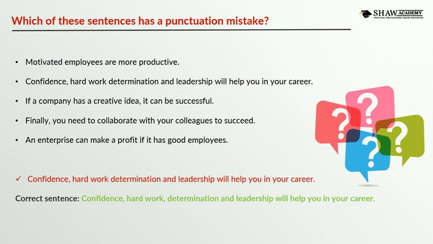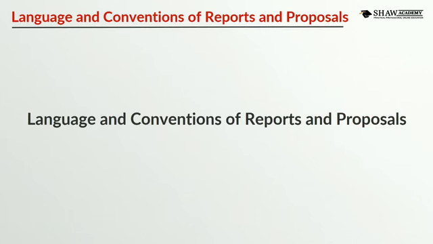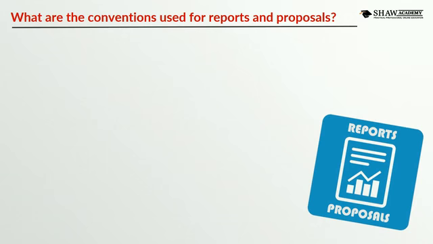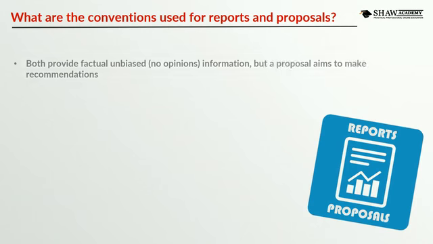And now we're going to move in to the 2 items that we're looking at for formal English for business writing today. And they are reports and proposals. So we're going to look at language and conventions of reports and proposals. Okay? So what are the conventions used for these? Well, both provide factual, unbiased information, but a proposal aims to make recommendations.